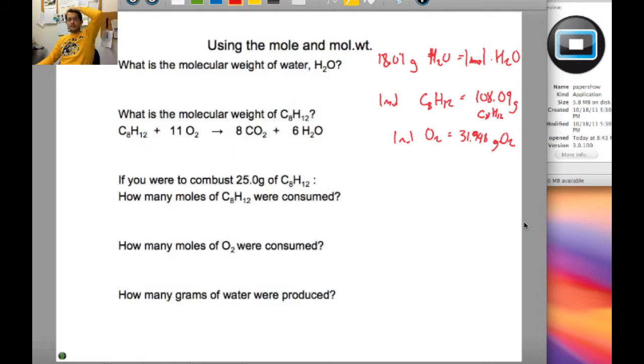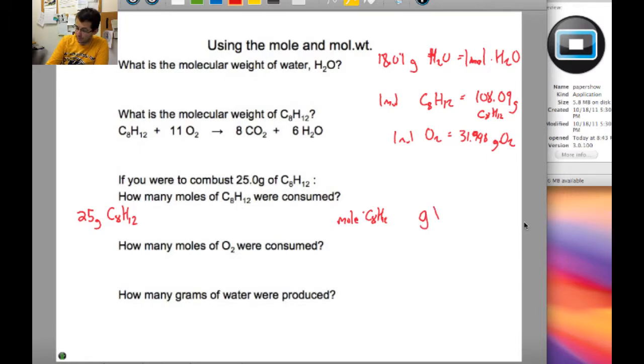Now, let's take a look. If you were to combust 25 grams of C8H12, they want to know how much is consumed in moles. Gram to mole conversion, the same thing.